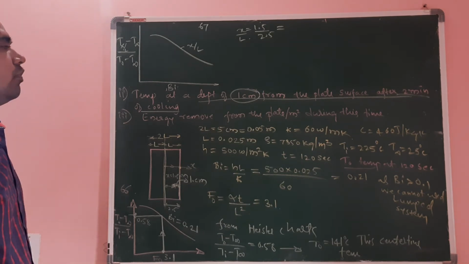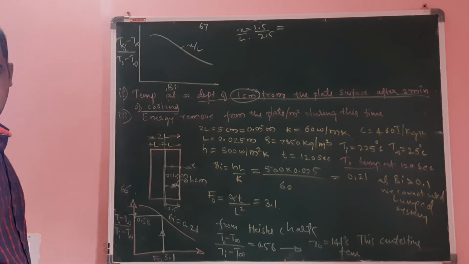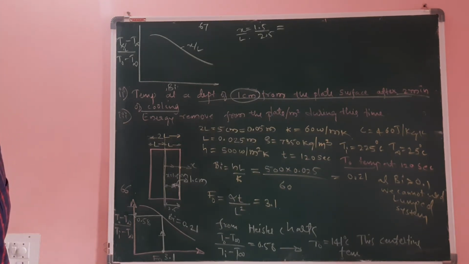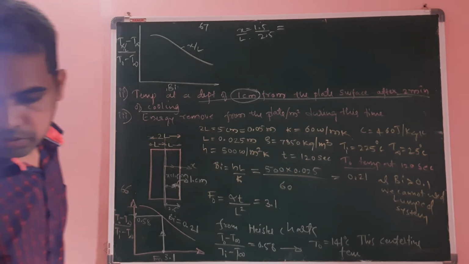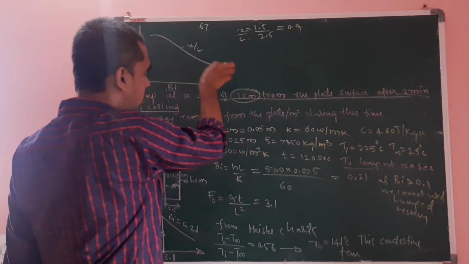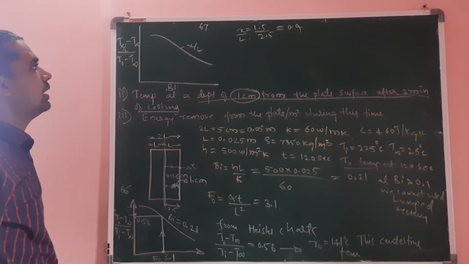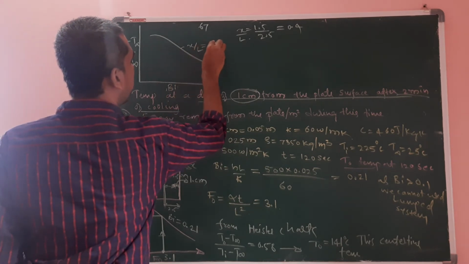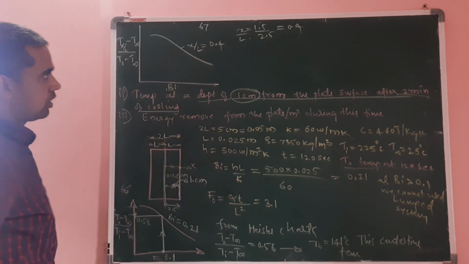Therefore x by L is equal to 0.4. So these are the constant x by L lines. If you refer to x by L equal to 0.4, what you have to do is use the Biot number, which you know.